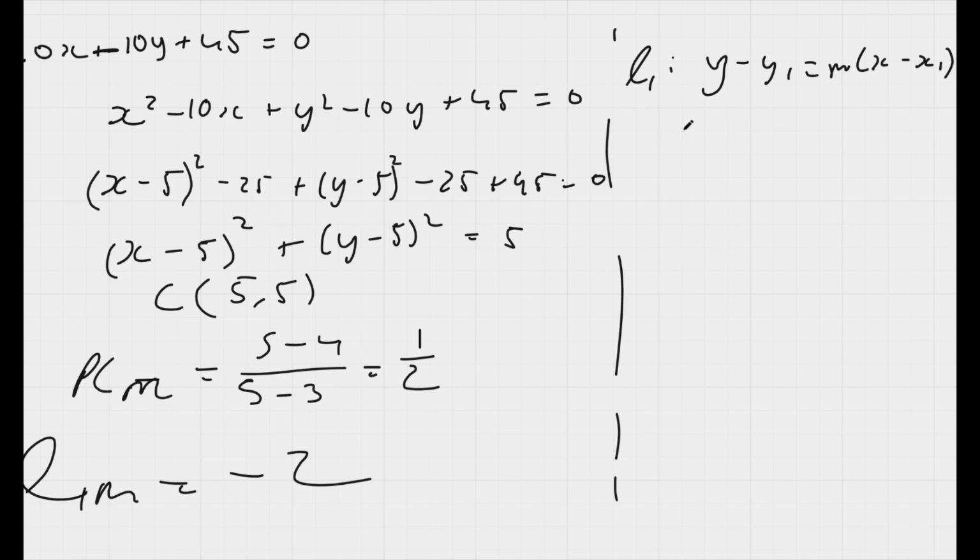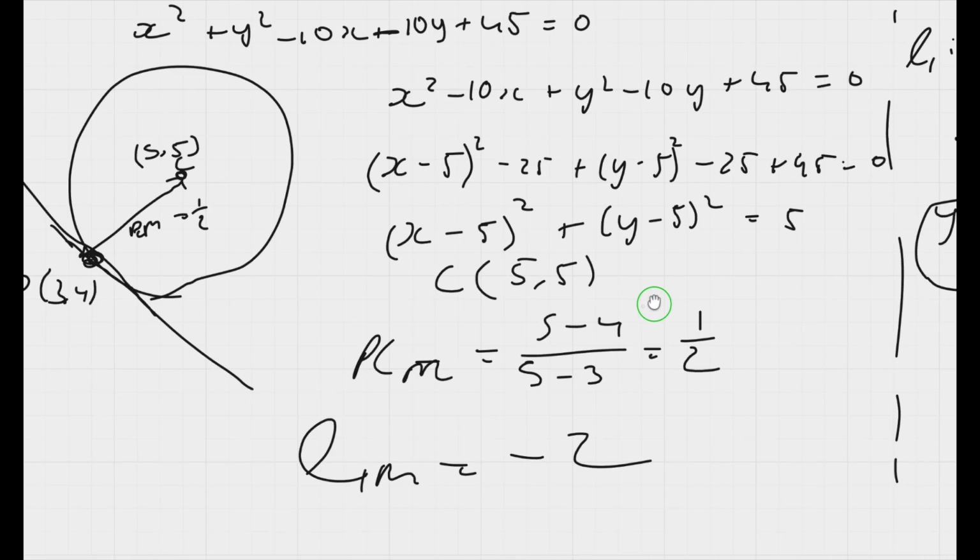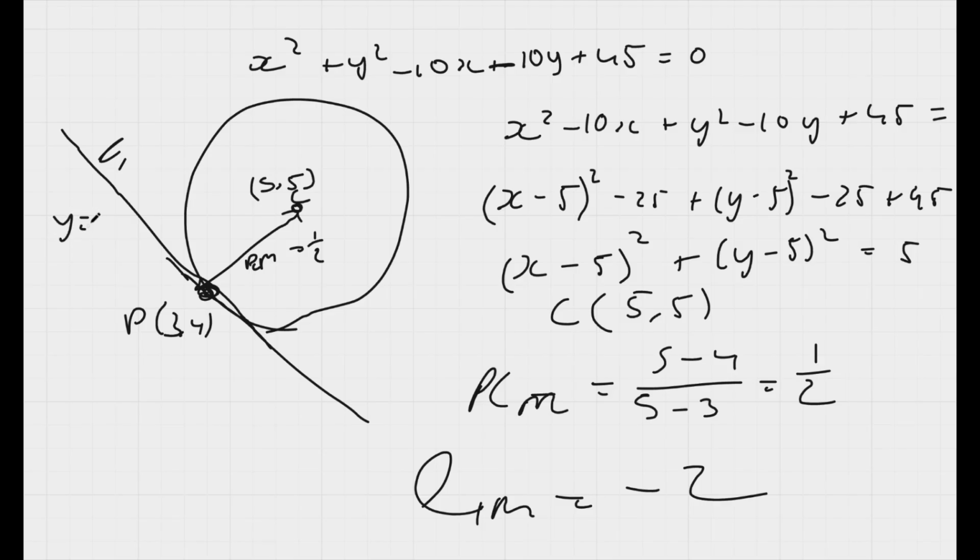That means that y minus 4 is equal to minus 2 times x minus 3. Rearranging all of this gives y equals minus 2x plus 10. These are the type of questions you have. Super simple.